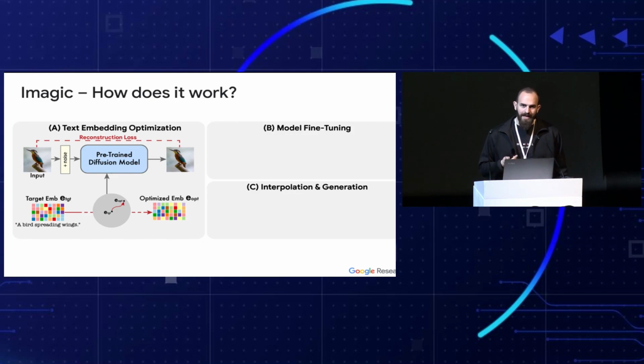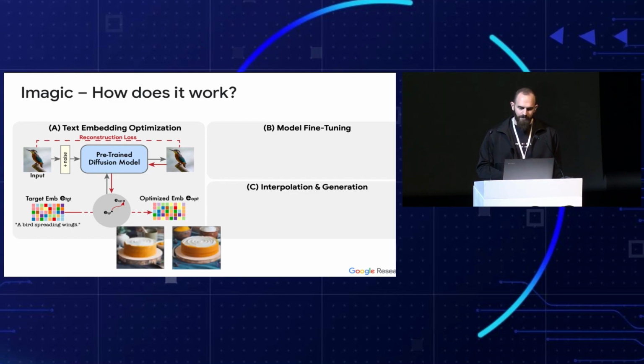Because we only have one input text, the text that describes the target edit, a bird spreading wings, we just use it as an initial guess, and we backpropagate through the diffusion model to optimize this reconstruction loss on the text embedding. We want to look for an embedding that describes the contents of the image. So after this, we get an optimized text embedding that describes this image.